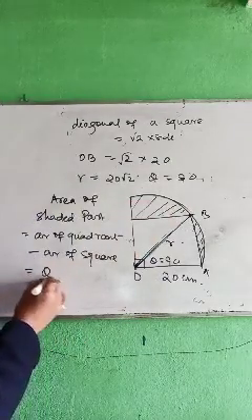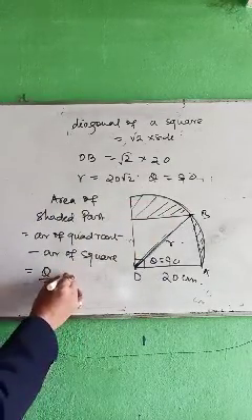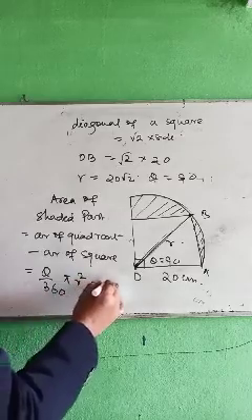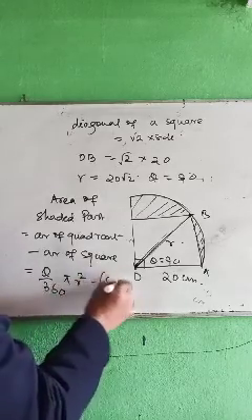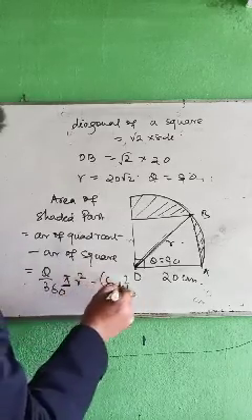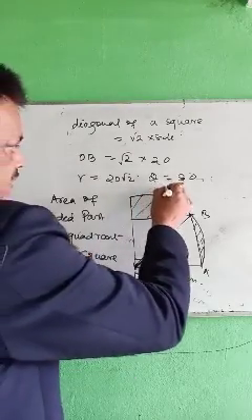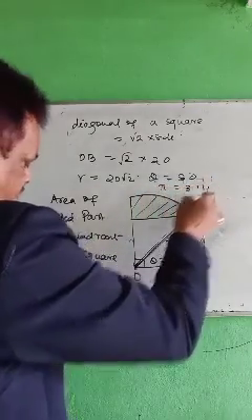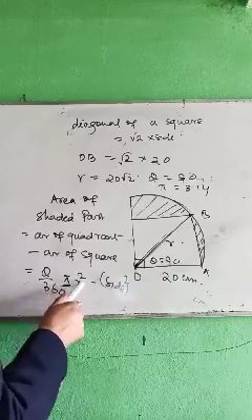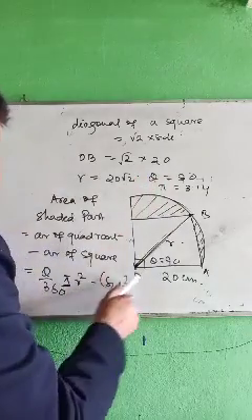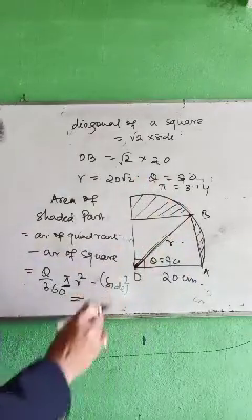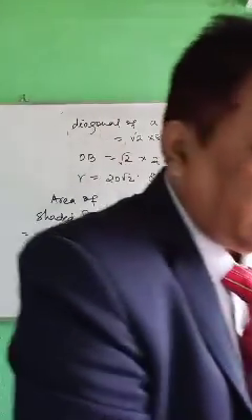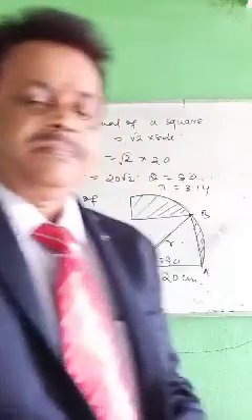So theta by 360 pi r square minus side square. Pi is given as 3.14, don't forget. Theta is 90, r is 20 root 2 whole square, side is 20 square. Try to complete. Simple question, try to solve.